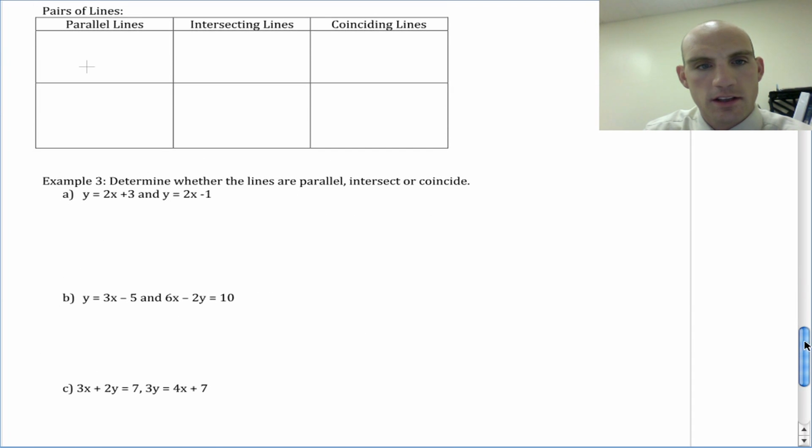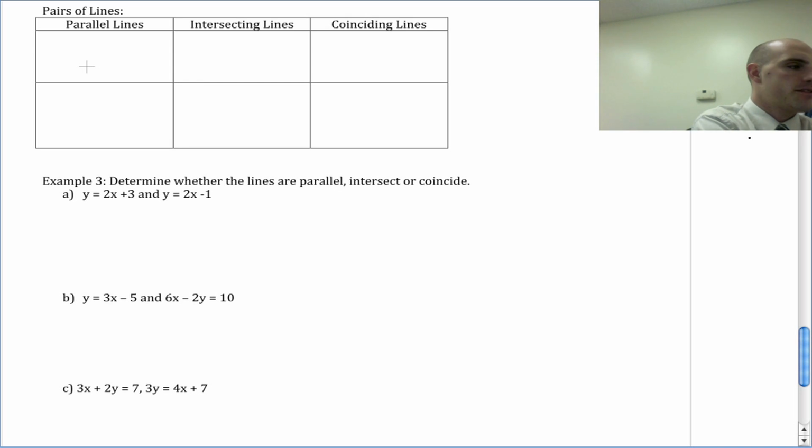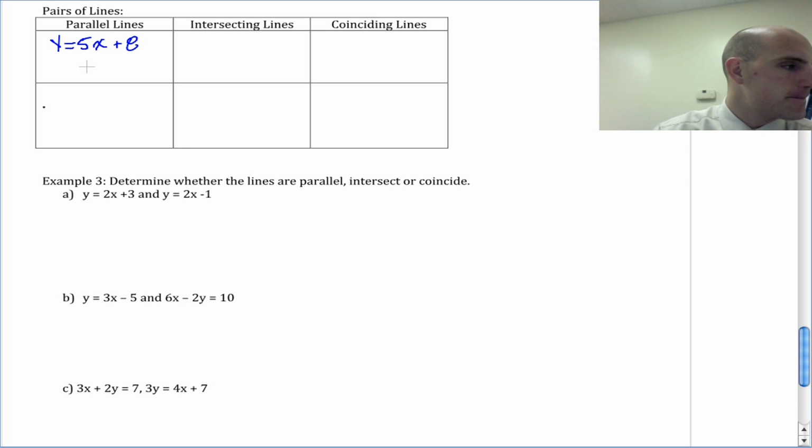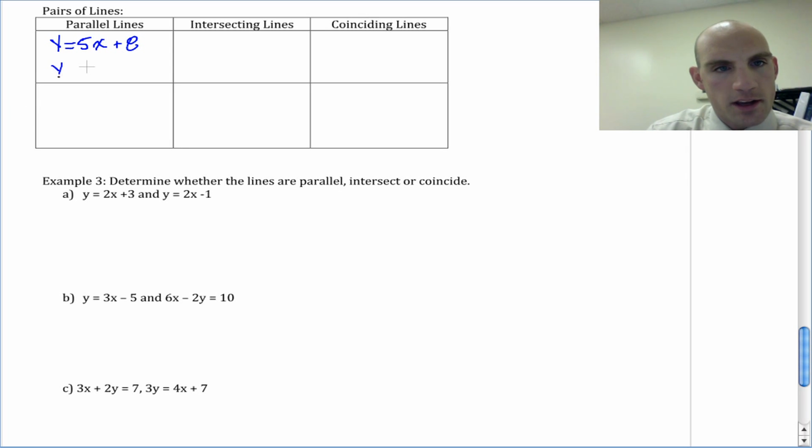In general, let's talk about pairs of lines. Parallel lines, if they are a pair, they're going to look like this. So for example, I could have y equals 5x plus 8 and y equals 5x minus 4.